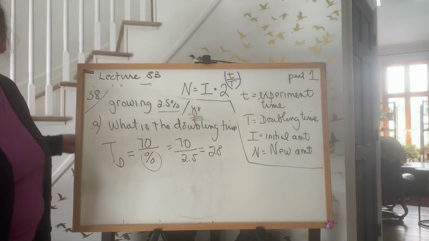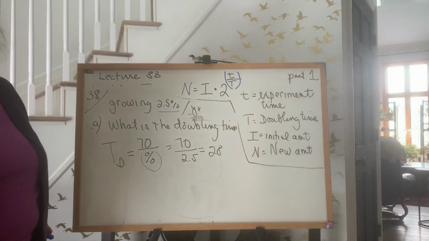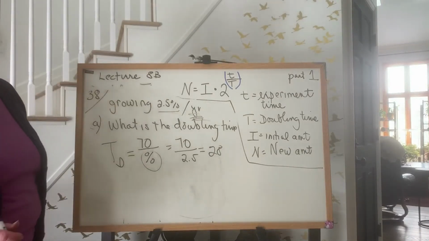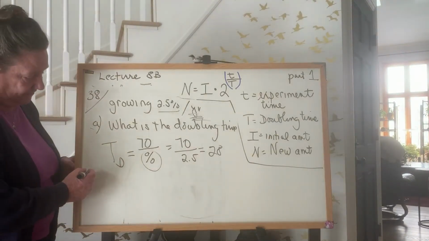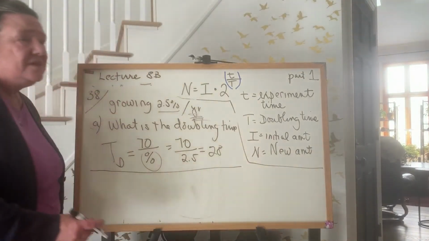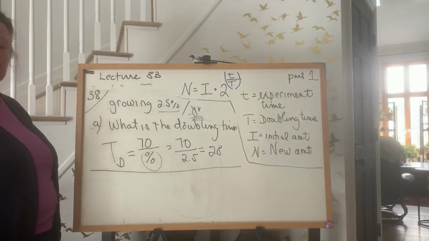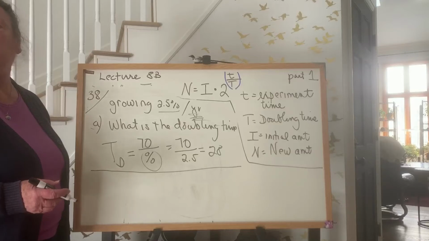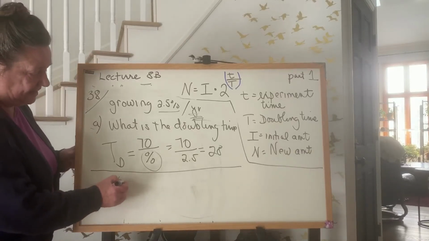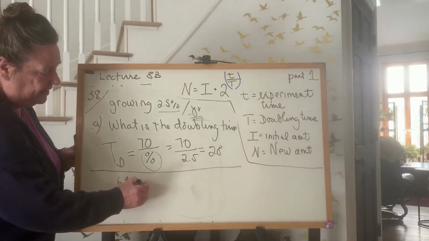So, for instance, find the doubling time for a substance that grows by 6% a week.